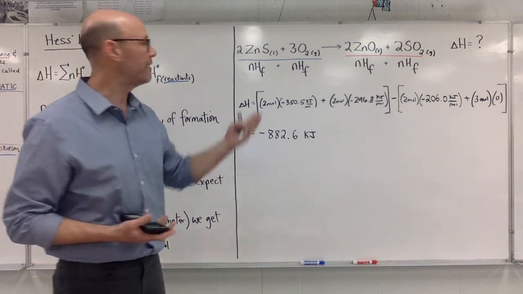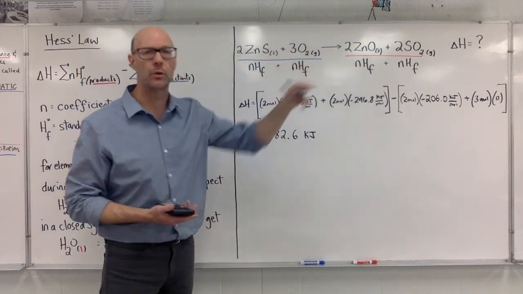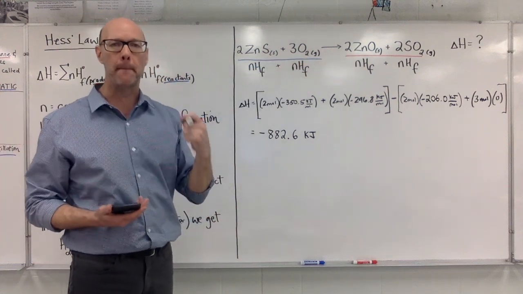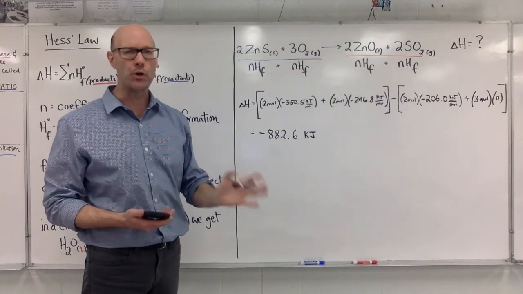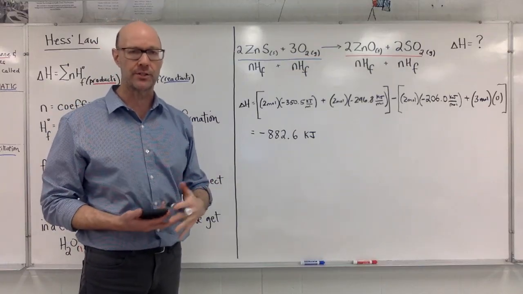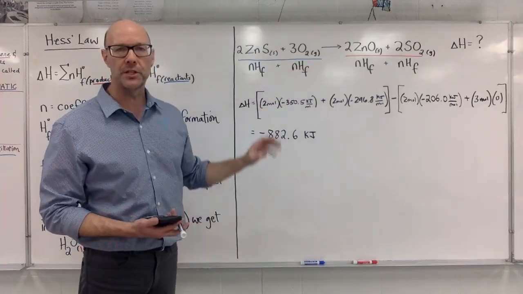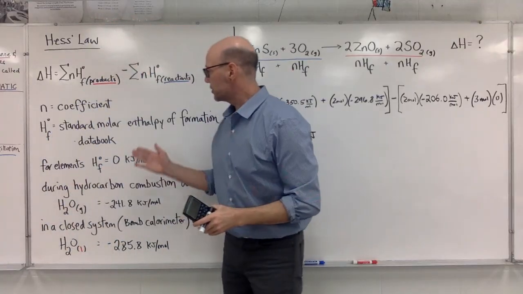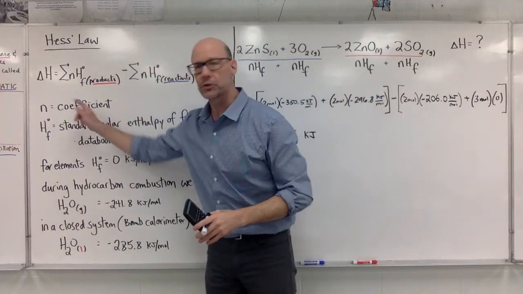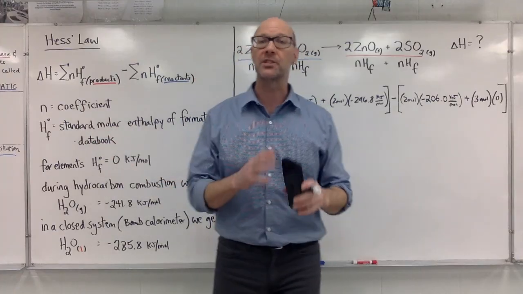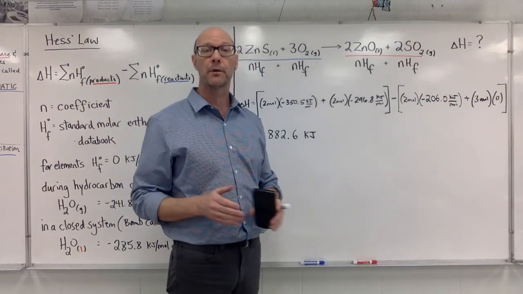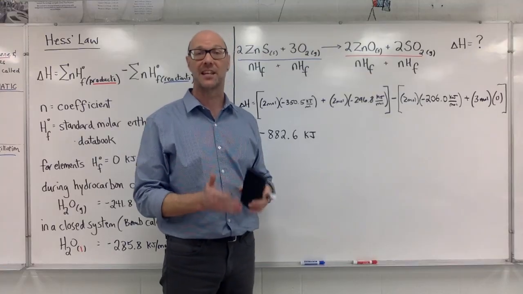Now, the coefficients were counted. They're not a measured value, 2, 3, 2, 2. So because they're counted and not a measured quantity, they do not affect our significant digits. And our molar enthalpies of formation, they are standardized. That's what that little circle means. They're standardized, so that means they're official. So they're also separate from any thoughts about significant digits.